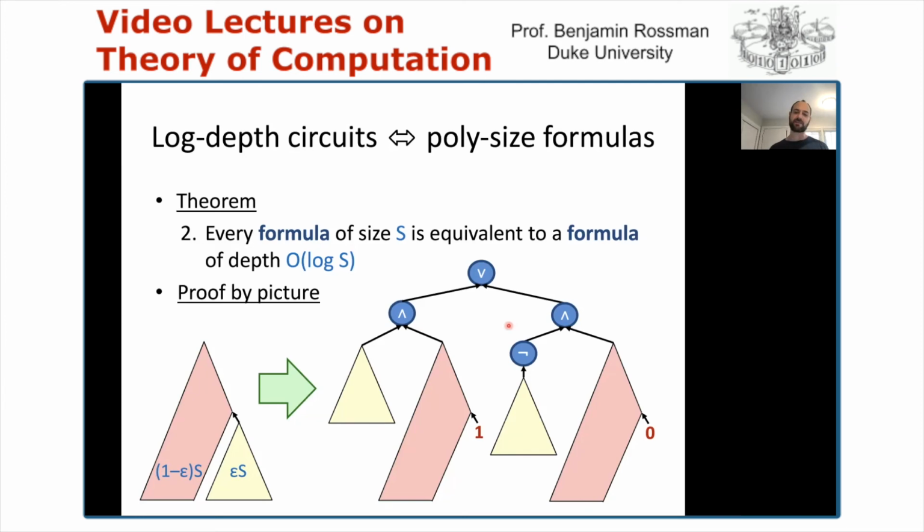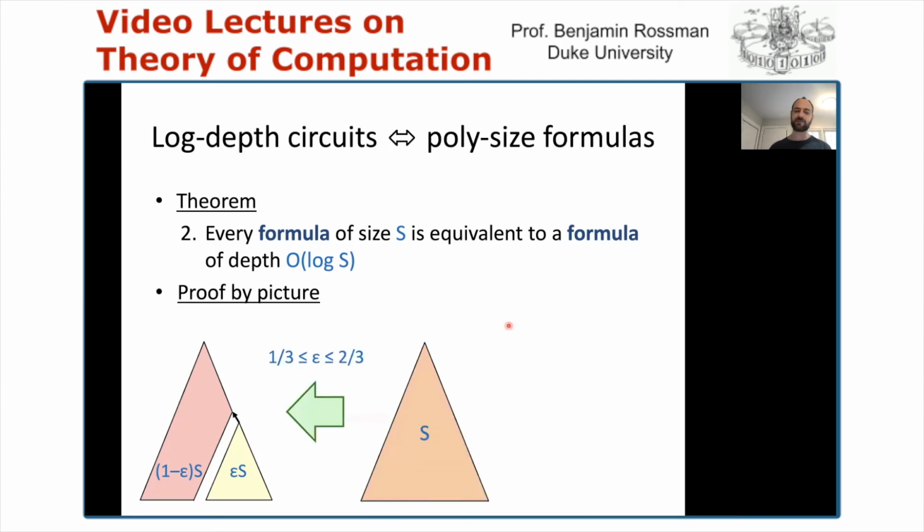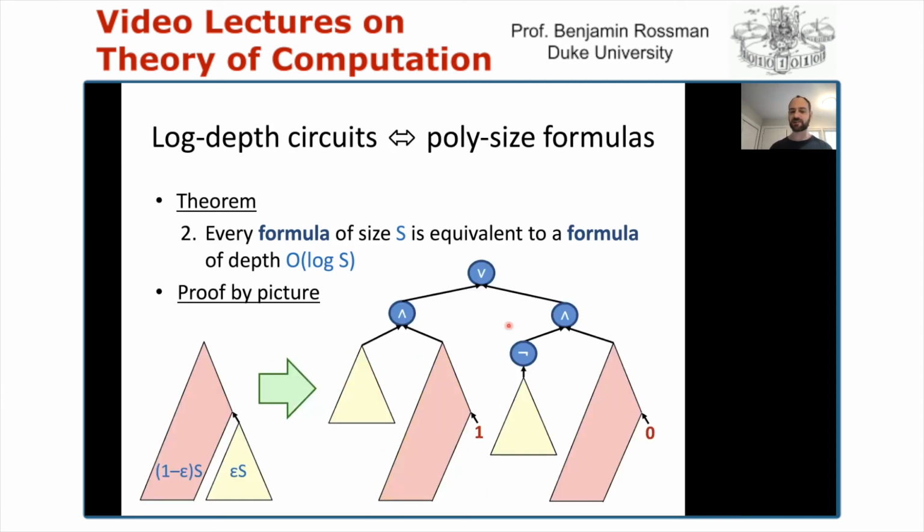Okay, and so we've transformed this. We started off with this orange formula, and we've transformed it so it has this form, and then we're going to recurse. We're just going to do the same balancing process in each of these 4 subformulas.